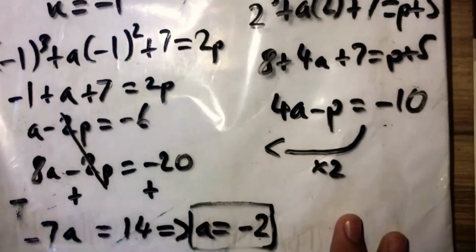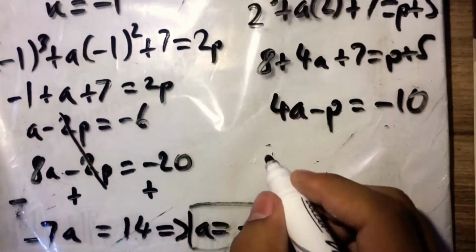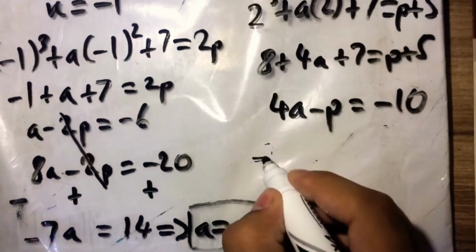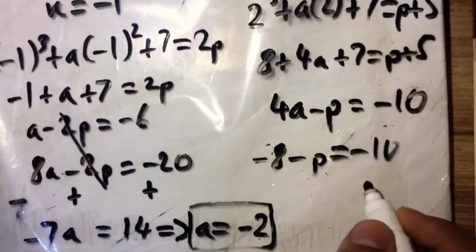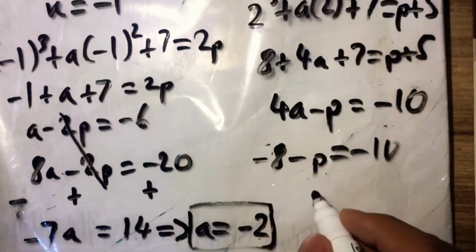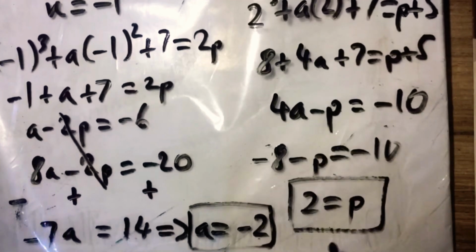Now to find p, we'll use this equation, substituting a with minus 2. So 4 into minus 2 would be minus 8, minus p equals minus 10. 10 shifted to this side will become 2, and p shifted there will come. So p equals 2 and a is minus 2.